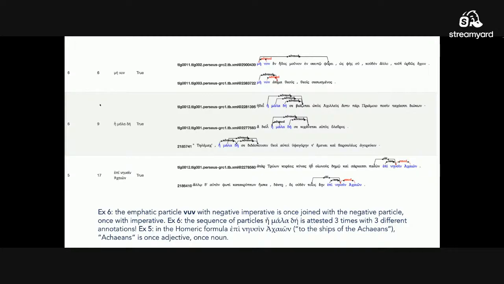My favorite is probably number 17, where you have a formulaic expression, epi neusin Achaion, to the ships of the Achaeans, where you can see that there is an inconsistency in the annotation, because somebody, pretty much as Valeria has already discussed, took the ethnonym Achaeans once as an adjective, once as a noun. There are no right or wrong solutions in this type of case, but the point is that one consistent solution must be adopted and enforced.